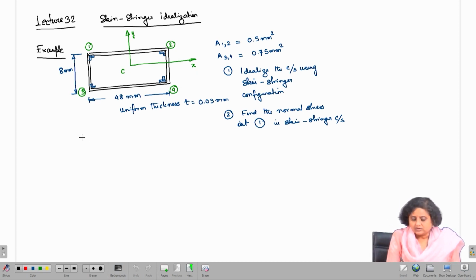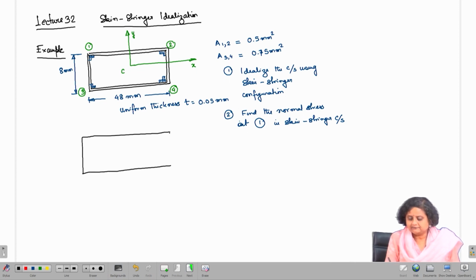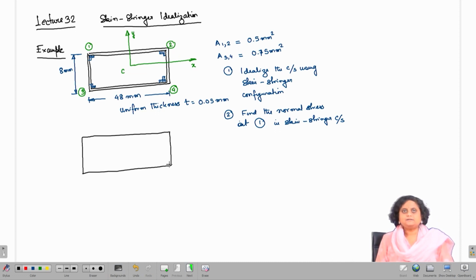As we know, when we try to form the idealized cross section of a given component or part of an aircraft, we consider that the skin thickness is 0, or the thickness of the skin is neglected, and the entire area is concentrated at the booms, which are concentrated areas at their locations.